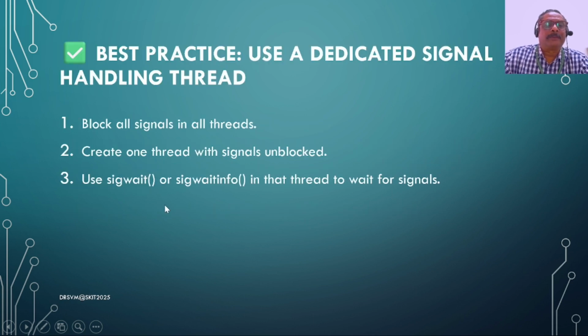This way, all other threads can safely continue doing their task. They don't have to wait for signals. So we can ensure that only one thread will be waiting for the signals, and once that thread gets the signal, it will inform the appropriate thread what to do.